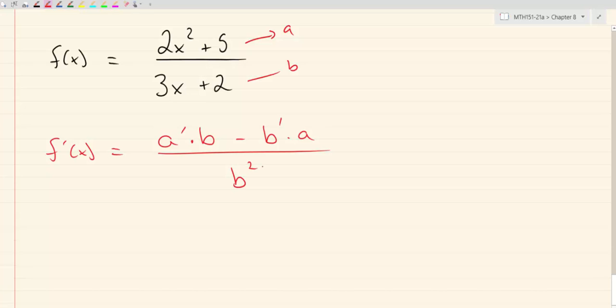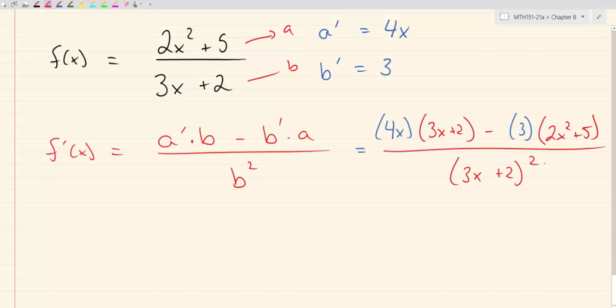Now what some students like to do is, once you identify A and B, go ahead and take their derivatives. And so we know that A prime is equal to 4x, and we know B prime is equal to 3. You just take those values, substitute them in, and evaluate it. And you can leave your answer in this format. Leave it in unfactored format. You do not need to simplify this.